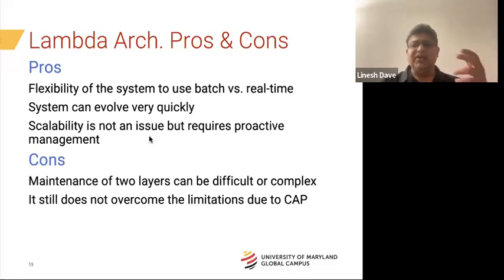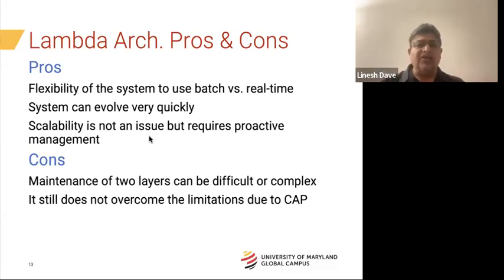Depending on your use case, depending on the type of data you have, you could either run it through the batch layer or through the real-time layer. That's a big plus here. The system can evolve very quickly, right? Based on the use case, you have two different layers, so it can evolve very quickly.